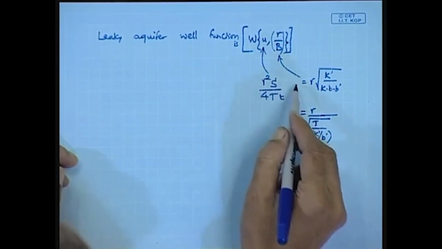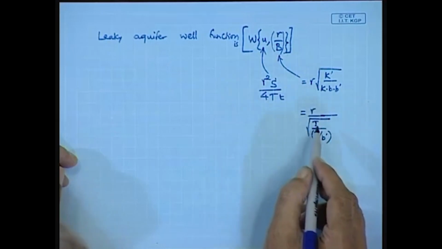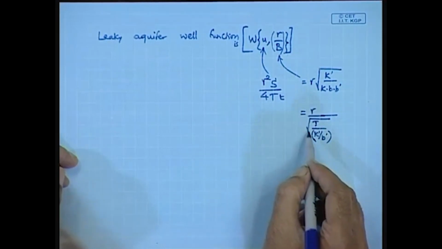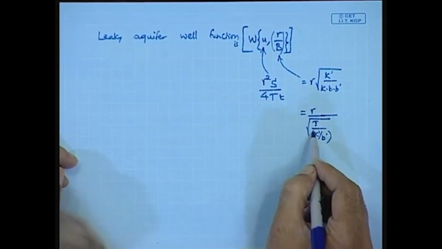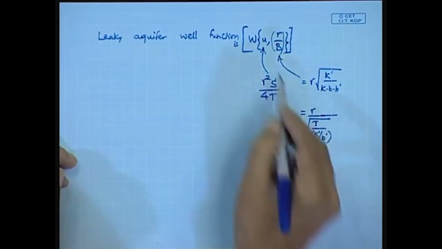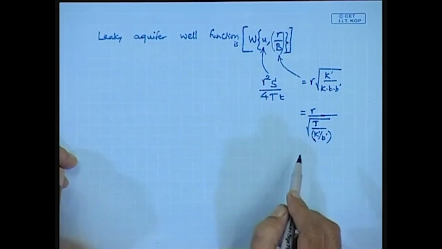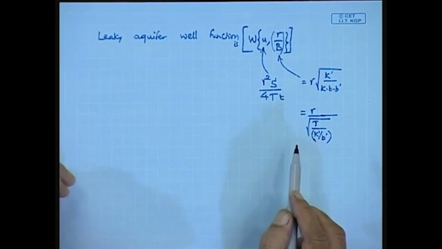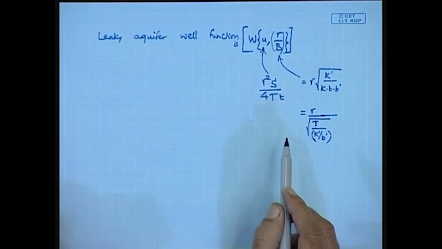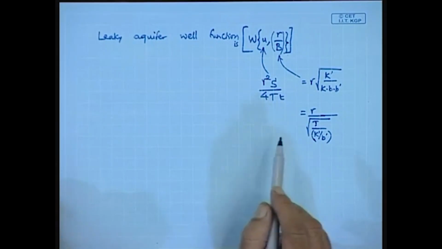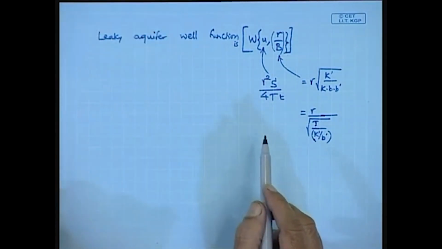So the denominator, the square root of T divided by K dash by B dash, is equivalent to this B.